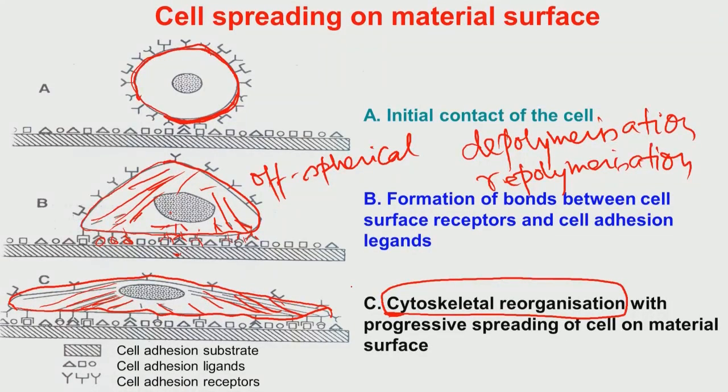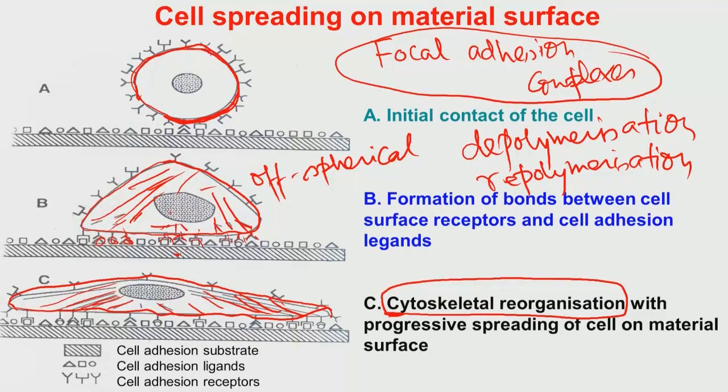Now, regarding cell adhesion, another term that is also important here is the focal adhesion complexes. These focal adhesion complexes are essentially a cluster of cell surface receptor and adsorbed protein clusters.